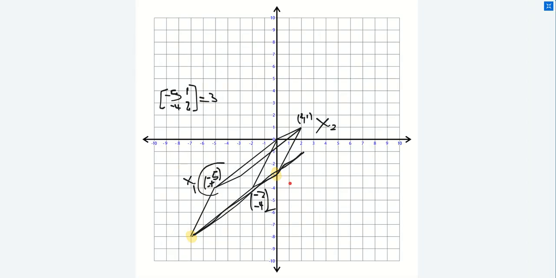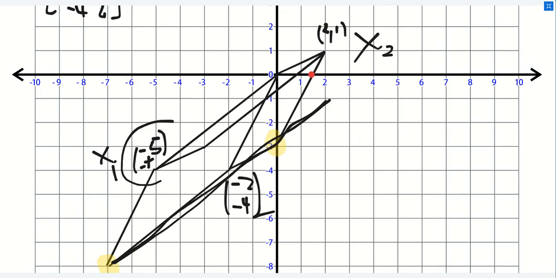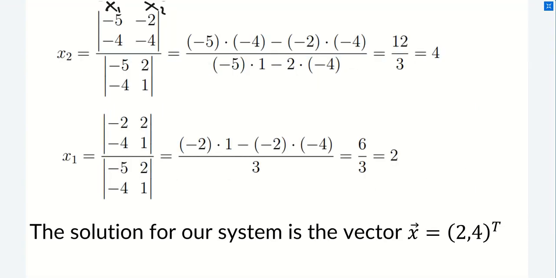So what we did over here was we picked this and we wanted to find out the new area formed by this. This new area is what we are going to find. You find the determinant, you get 4.